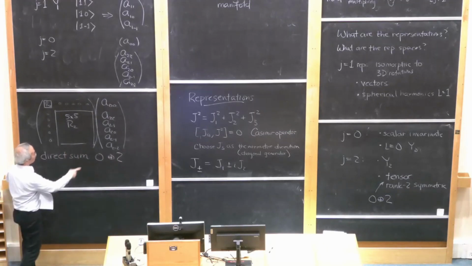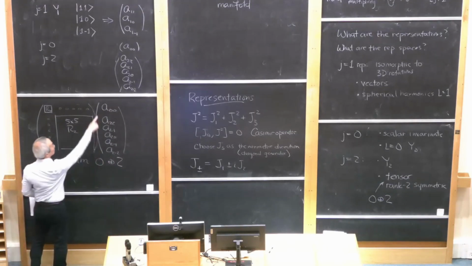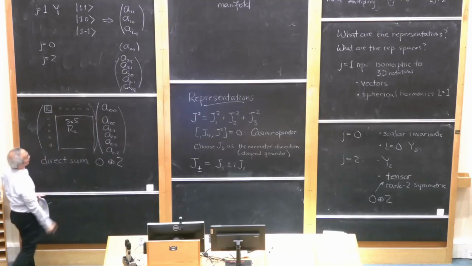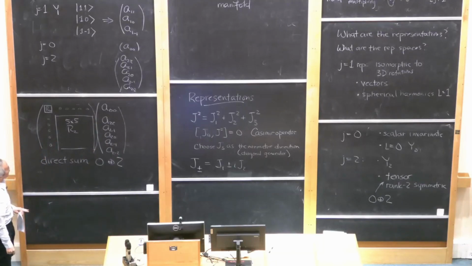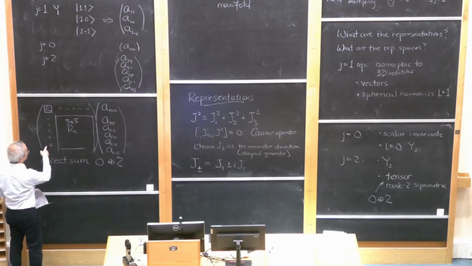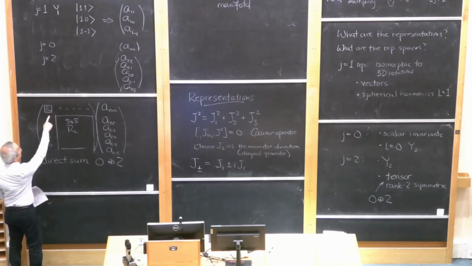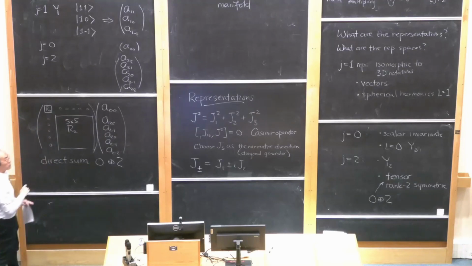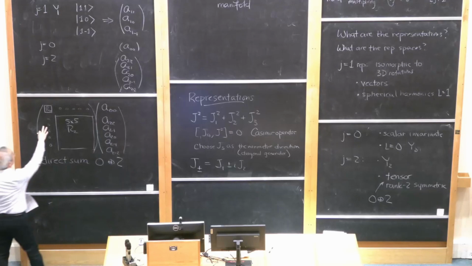In terms of the state vector, the direct sum basically means you just put the amplitudes in the same column. But for the rotation matrix, it means that your rotation matrix now becomes block diagonal. So you actually have these nice zeros.